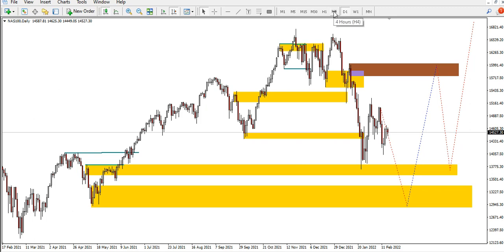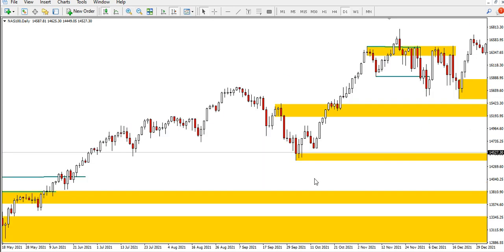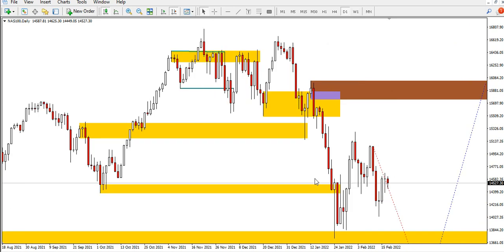So if we go to H4, in fact, before we go to H4, what do we currently have? Let's zoom just once. Okay, so we have this low here, we have this high here.